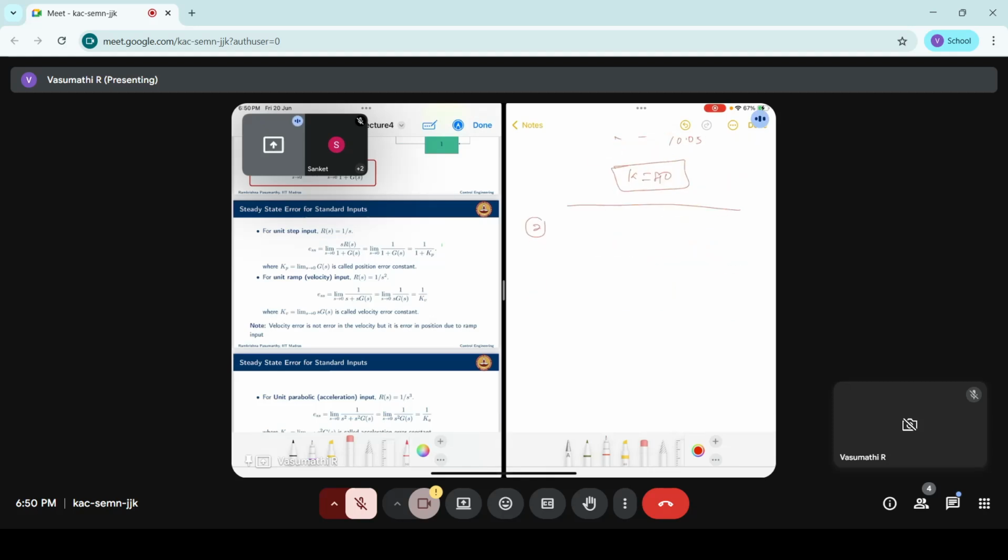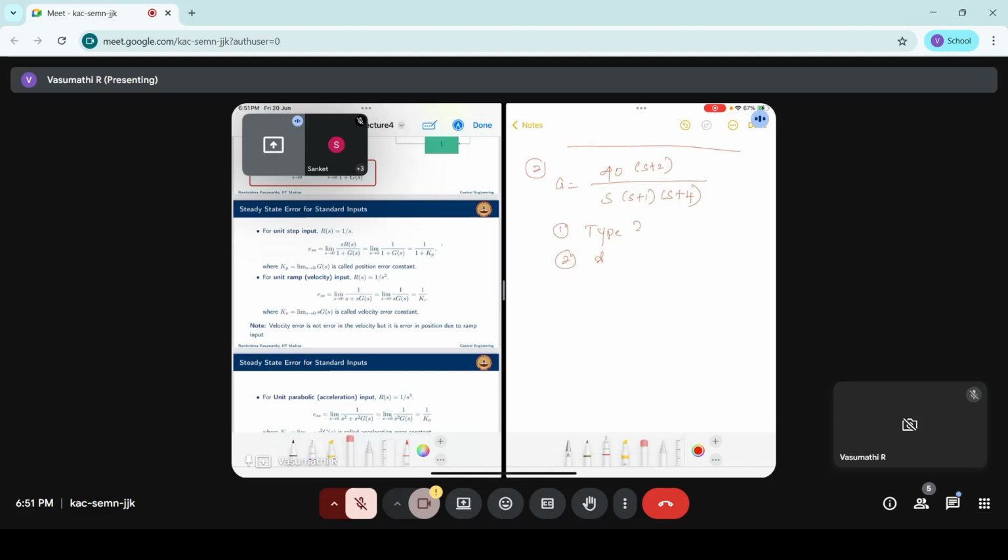The second question says a unity feedback system has a transfer function given as 40 into s plus 2 divided by s into s plus 1 into s plus 4, where this is a type 1 system. First question is find the type of the system.